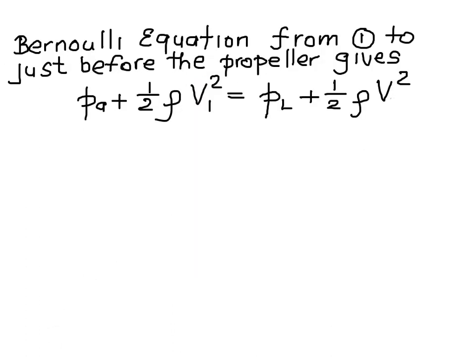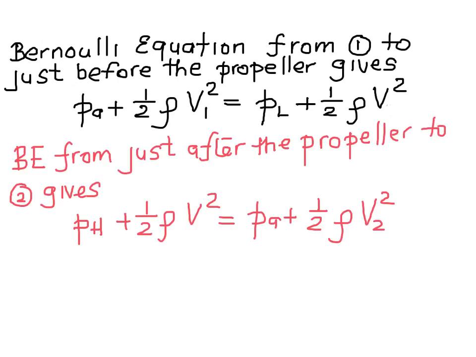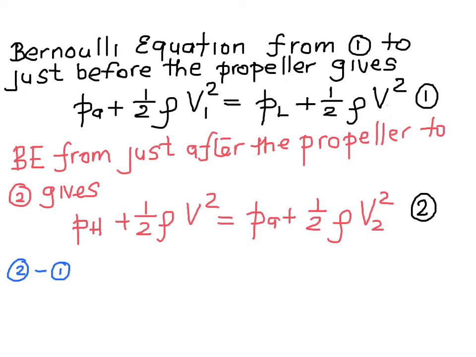Now, let's look at what I've written. Bernoulli's equation, taken from 1 to just before the propeller. You can now see the second equation is just writing Bernoulli's equation from just after the propeller to the point 2. The terms are similar to the first Bernoulli equation. You notice that we can now simplify. We will now subtract equation 1 from equation 2.